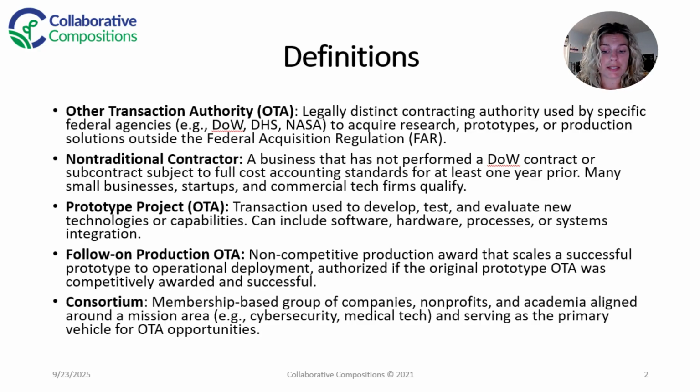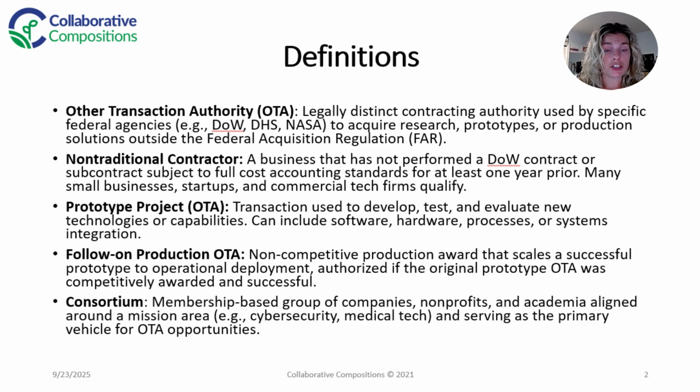Now, non-traditional contractors is a term that you'll hear used throughout this discussion. It refers to companies that have not had a contract with full cost accounting standards over the past year. Prototype projects are transactions that are leveraged to develop, test, and evaluate new technologies and capabilities. It can be anywhere from a piece of software, a hardware, a process, or just about anything else that you can think of that might be considered novel or innovative for the government.